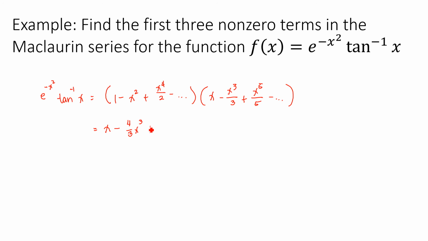Okay, so that's 2, 3, 5, so 31 over 30 x to the fifth. Minus so on. Okay, so that's it. That's the answer.